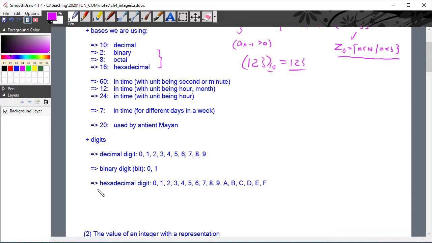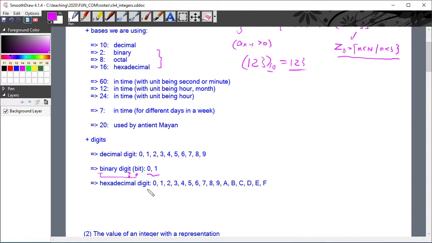And for binary systems, we have the binary digit or bit, and there are 2 possible bits. Notice that this word bit is coming from 2 words. We take B from the binary and IT from the digit. Combining these 2, we get the bit.